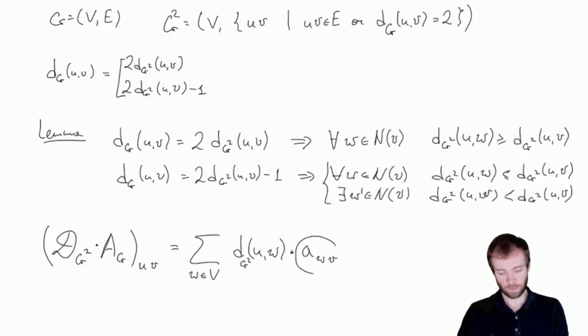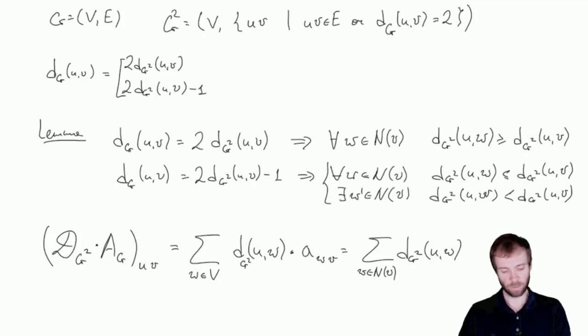Now, as this entry is either 0 or 1, this sum essentially is a summation of these distances only for vertices w who are neighbors of vertex v. So this is the sum of d_{G^2}(u, w), where w is a neighbor of v in G.